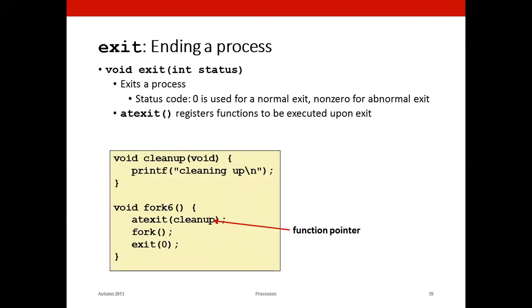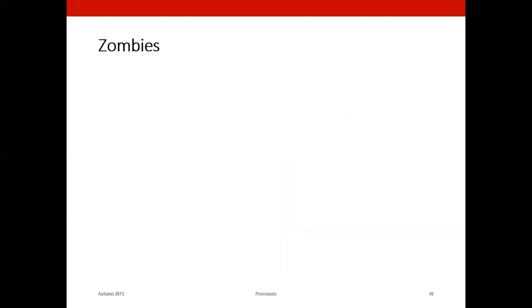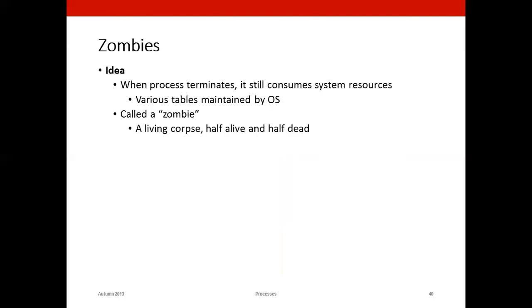But exit does not really destroy the process. That is what creates zombie processes, because when a process terminates, it still consumes resources, including various tables maintained by the operating system. These zombies need to be removed, right?